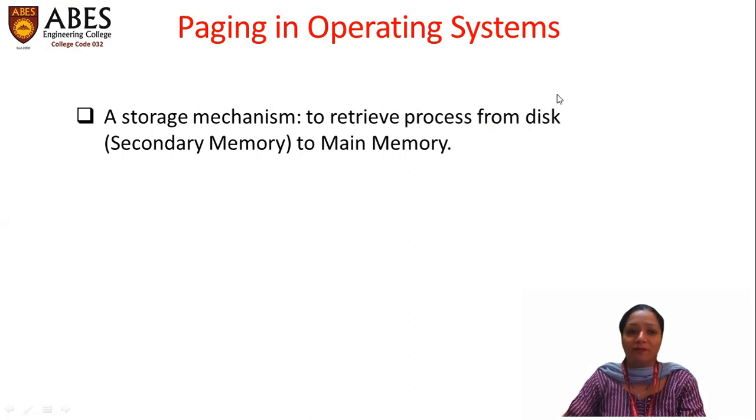So, what is paging? It is a storage mechanism which helps us to retrieve the process from the disk, that is your secondary memory, to the main memory, or we can say the primary memory.